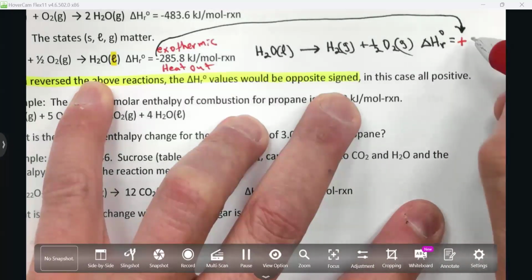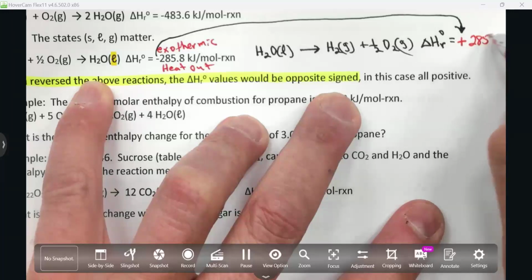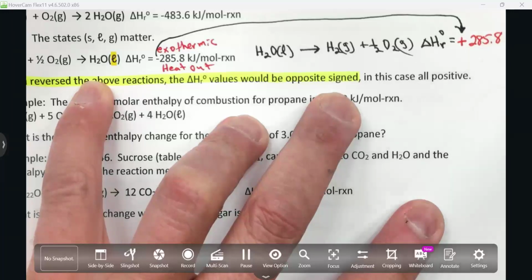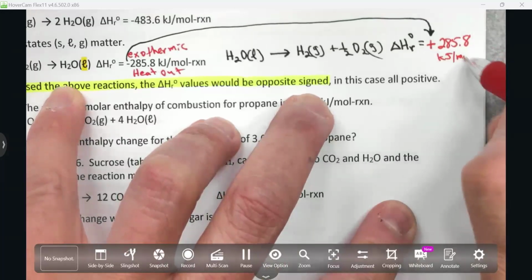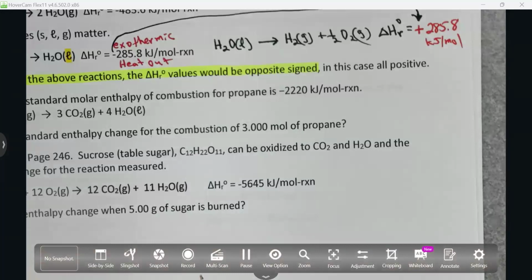It's going to be positive 285.8. So instead of getting energy out, I would be putting energy in.